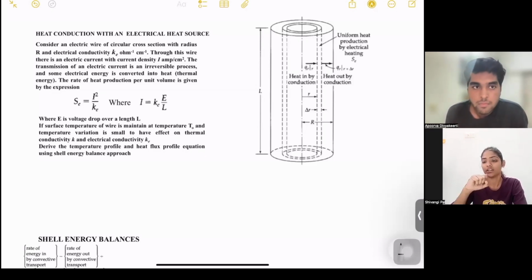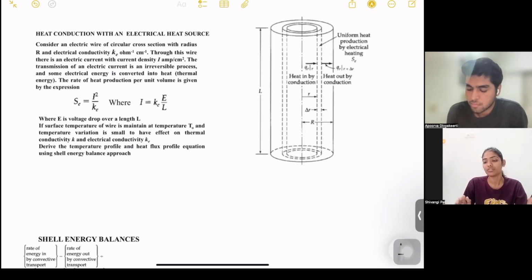Consider an electric wire of circular cross-section with radius r and electrical conductivity Ke with units ohm inverse centimeter inverse. Through this wire, there is an electric current with current density I ampere per centimeter square.